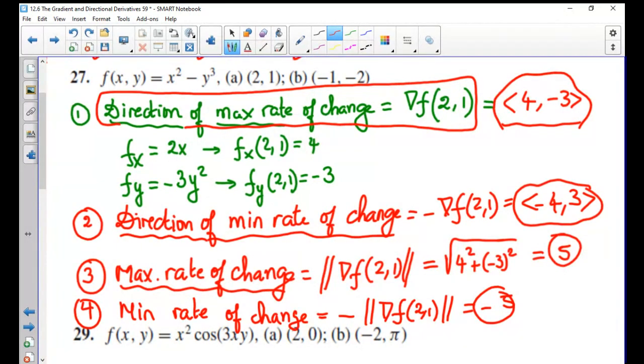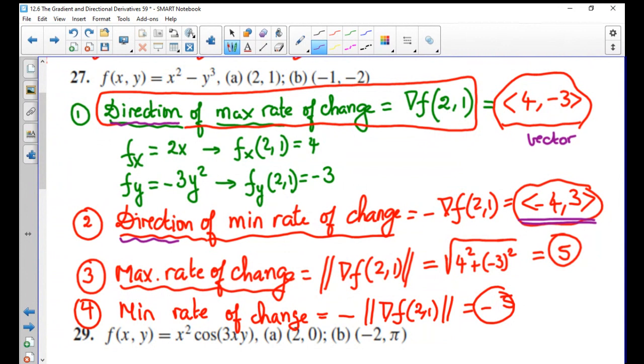Please, here you have to be a bit careful. If they're asking you for a direction, the answer will be a vector. Direction means a vector. But the maximum rate of change is a number. It could be positive, it could be negative.